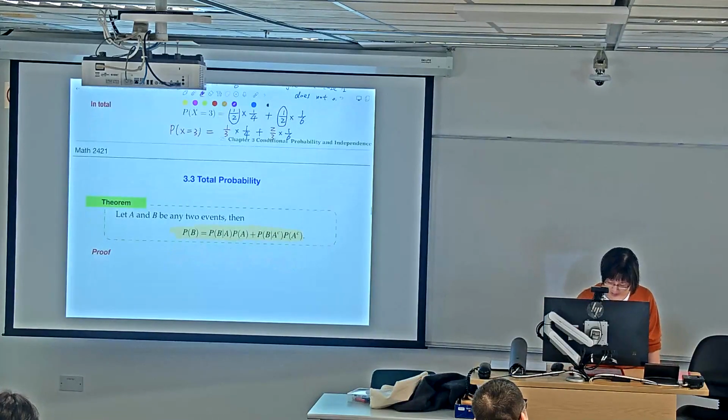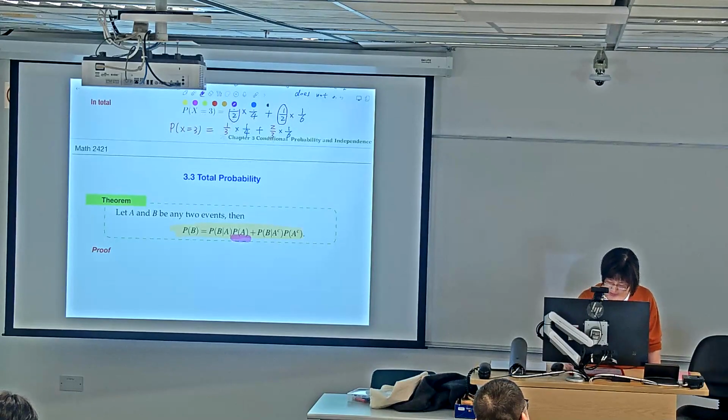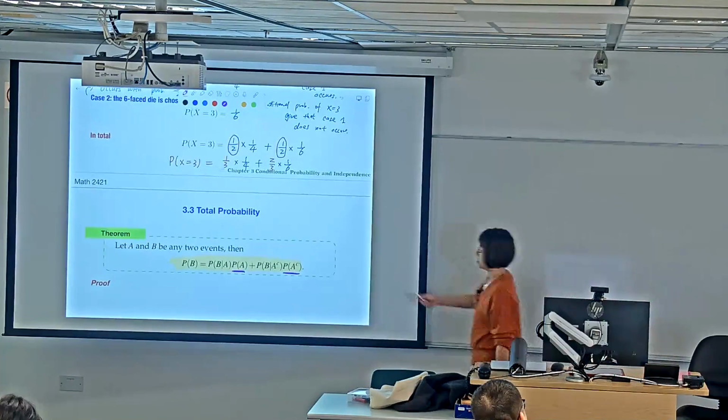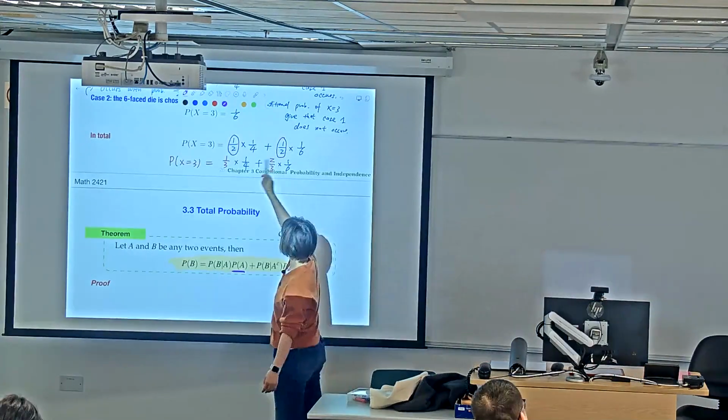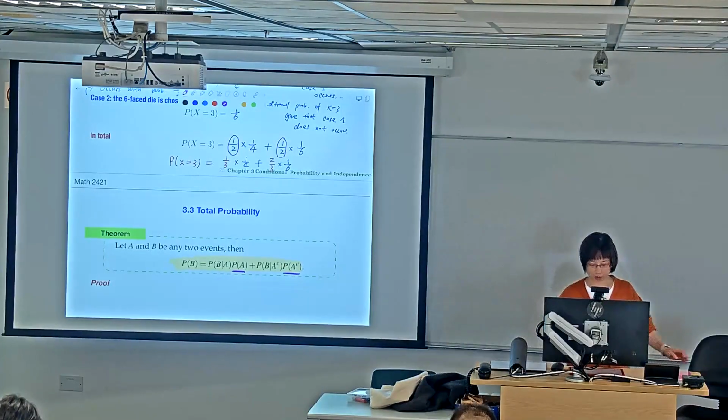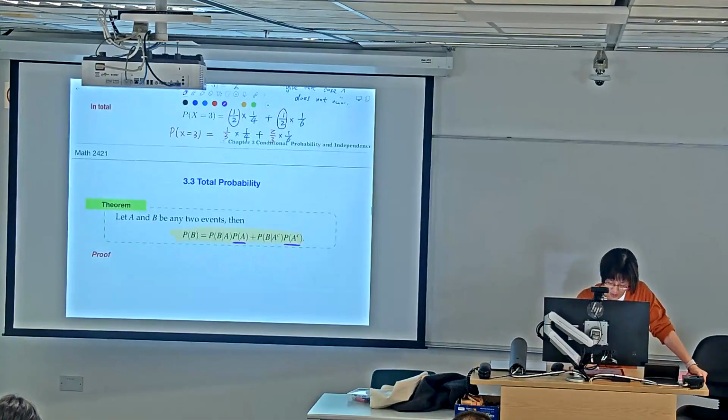So you can view this probability of A and probability of A complement as little weights. We have put above 1/2 or 1/3, 2/3 because their sum equals 1. So it can be a weighted sum. And this is a useful theorem.